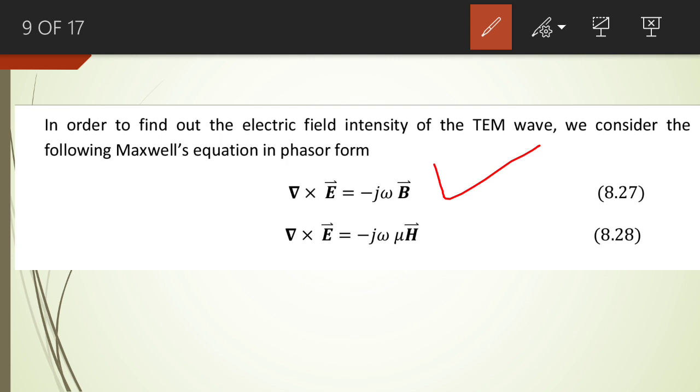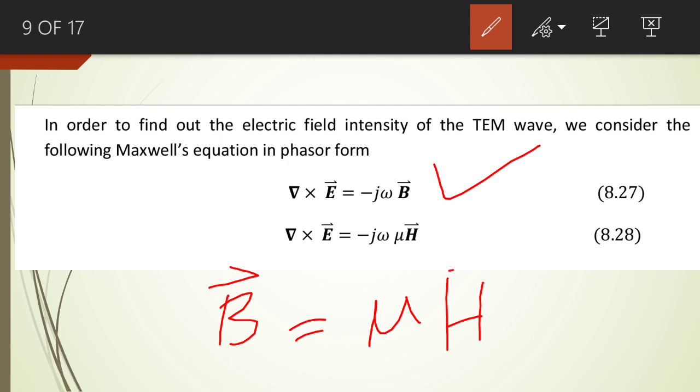There is the curl of the phasor value of the electric field intensity is equal to minus j omega multiplied by the phasor value of the magnetic flux density. So we know that the magnetic flux density is equal to mu, which is the permeability of the medium, multiplied by the magnetic field intensity.